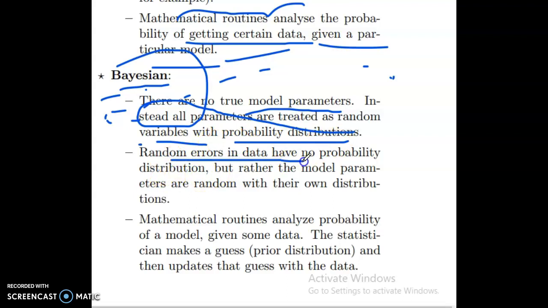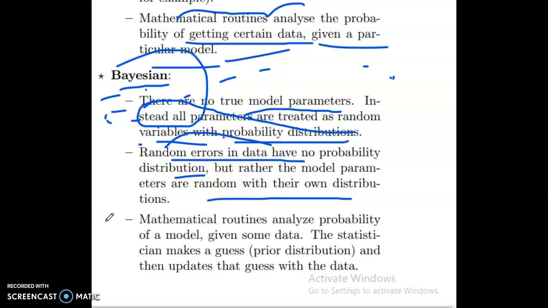Random errors in data have no probability distribution, but rather the model parameters are random with their own distributions.